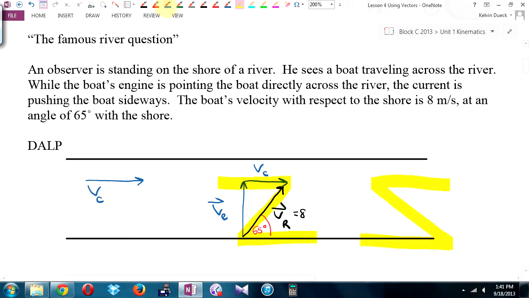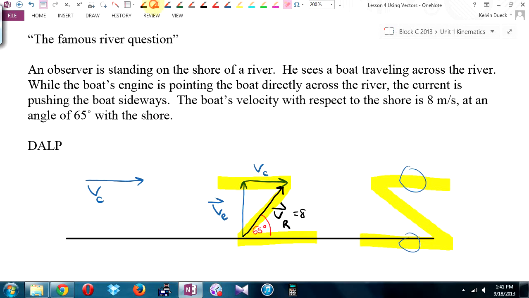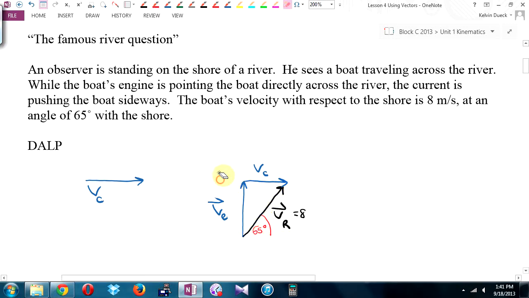As long as the top and bottom of the Z are parallel to each other, so that your Z does not look like this, which is technically a Z, but the top and bottom aren't parallel to each other. As long as the top and bottom are parallel, that angle and that angle, the interior angles, are the same. And there's a lovely proof. But here's the point. Pick your pencils up.